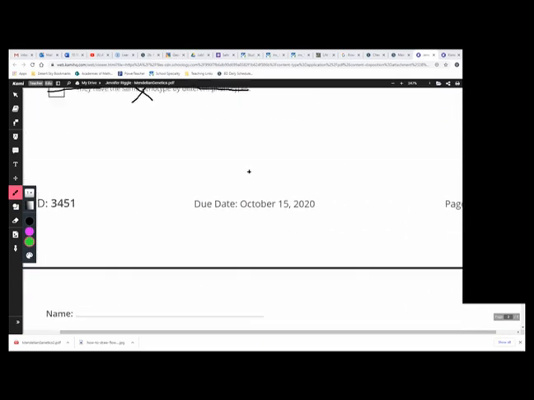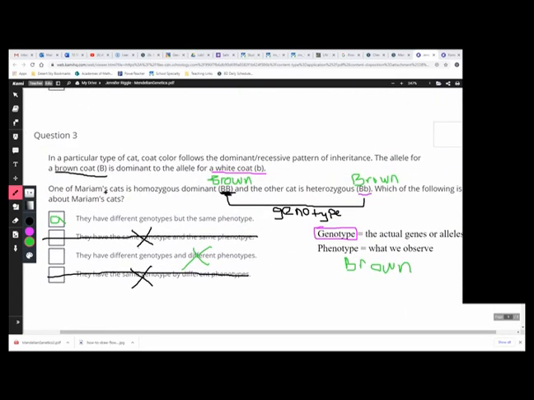So if we come back here to the question about the cat coats, our genotype is the letters that represent the alleles. So I'm going to go ahead and type it out here. So genotype is the actual alleles.